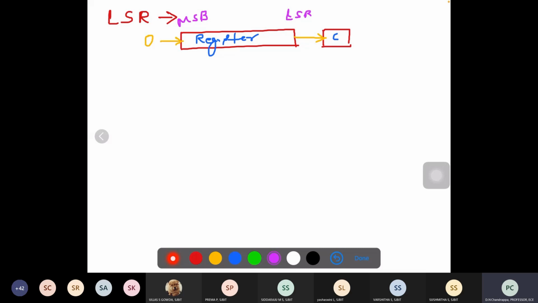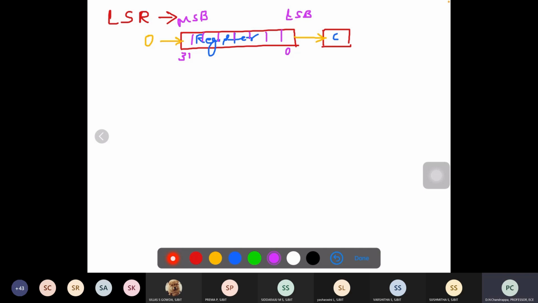Look into these directions like this. Zeros are introduced from the MSB. This is the MSB, most significant bit, and the least significant bit. The LSB goes to this side, the carry position, and each bit of the register is shifted by the number of bits.